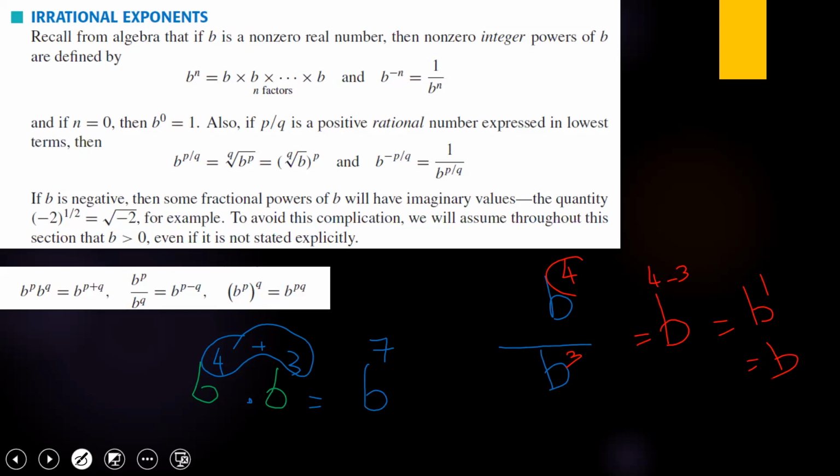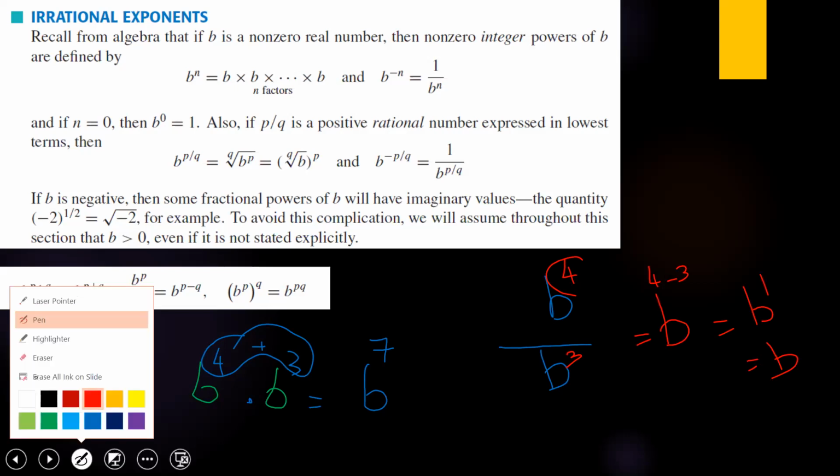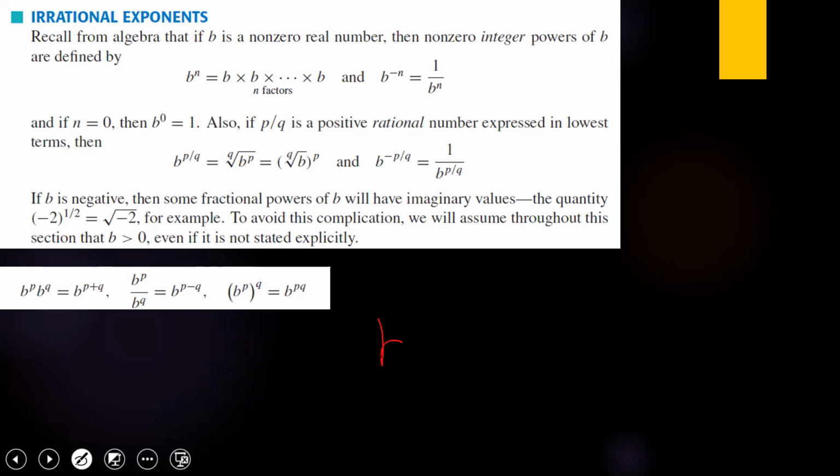If they are divided, you have to subtract them. And if I have a base raised to the number 3, and this one is raised to another exponent like the number 4, what do you have to do here? You have to multiply them. So it is b to the power 12.